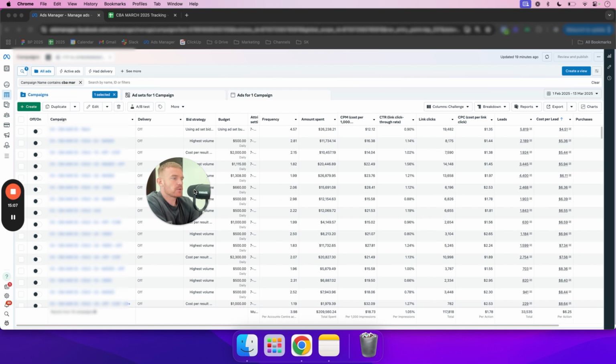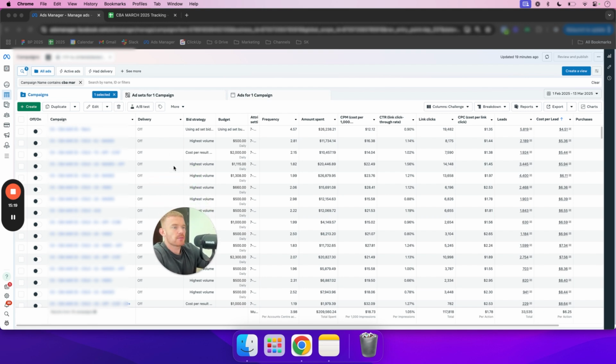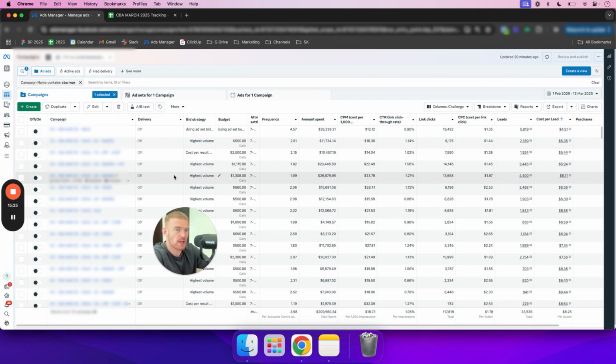So what I did was I launched multiple different campaigns, and I talked about this in the previous strategy. You can see here that this campaign is targeting a US audience, and it's just got static image ads. This one is targeting a US audience, but it's just got video ads.